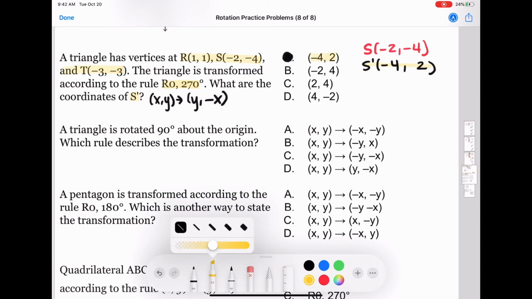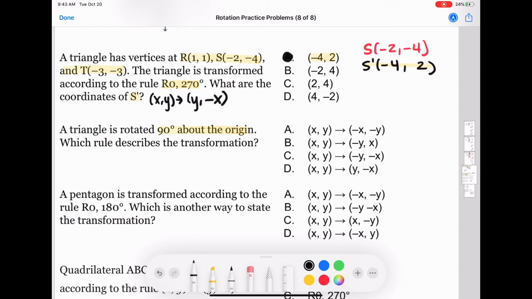Okay, let's look at this next problem. This problem states a triangle is rotated 90 degrees about the origin. What rule describes that transformation? Well, we know that our different rotations have different mapping rules.